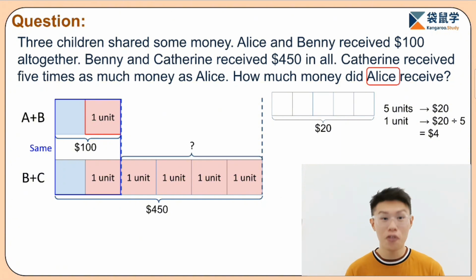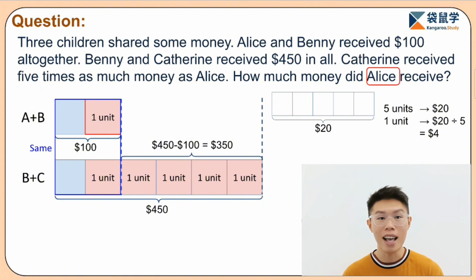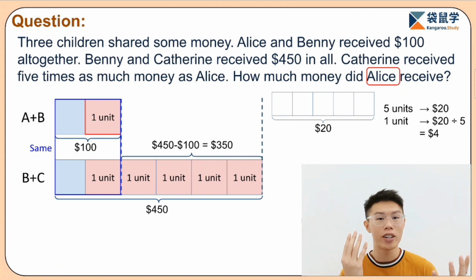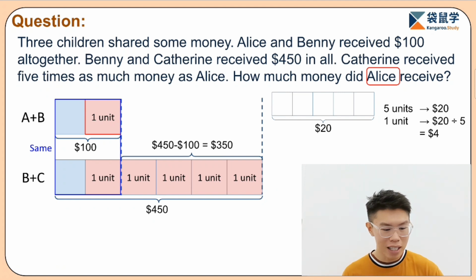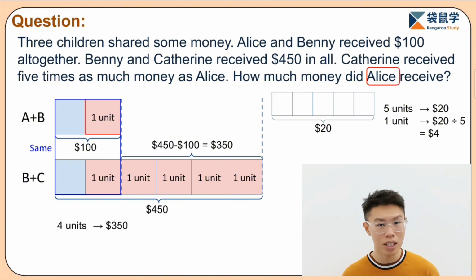It will be the difference between the 2 groups, which is $450 minus $100, giving us $350. So now we have a number of units and the corresponding value. Let's list it down. 4 units is to $350.